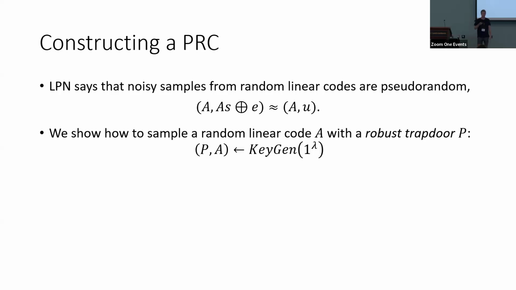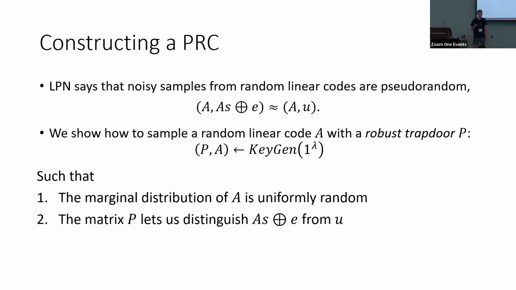Okay, so we're going to construct a PRC by showing how to sample a random linear code A with a robust trapdoor P. So we need two properties. First, the marginal distribution on A should be uniformly random, because this is going to allow us to invoke LPN to say that noisy samples from the code are pseudo-random. And then we need that the information P, the trapdoor P, which is going to be a matrix, lets us distinguish the noisy linear samples from uniform.